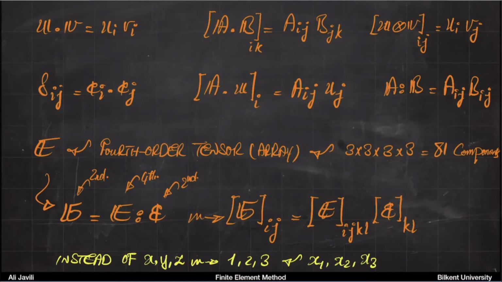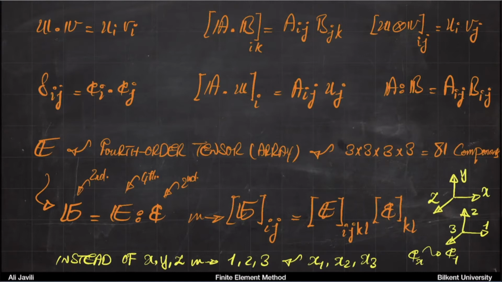And instead of EX, EY, EZ, we are going to say E1, E2, E3. All right, so that's that. This is not too complicated. Until now you had this coordinate system XYZ. All you need to do is imagine that that coordinate system is now written as 1, 2, 3 directions, or let's say call it X1, X2, X3.